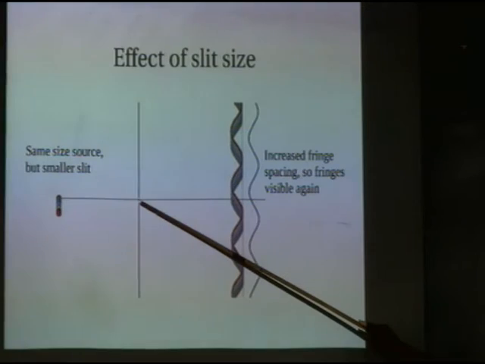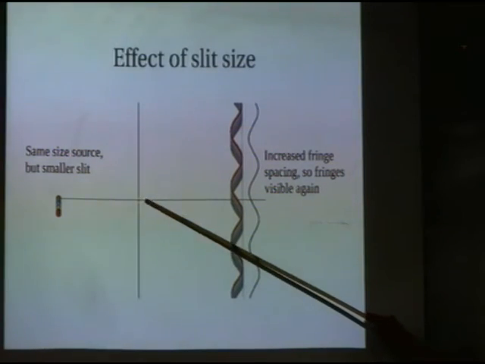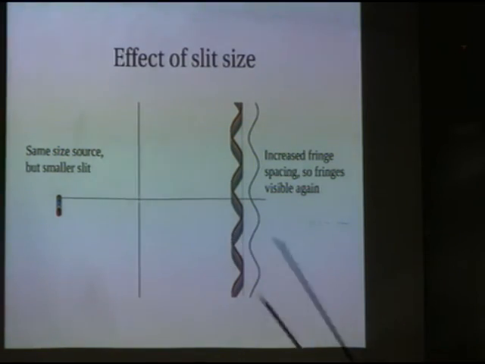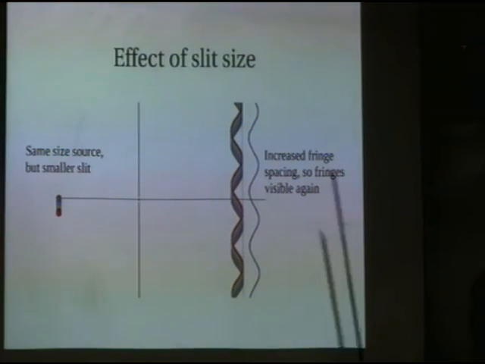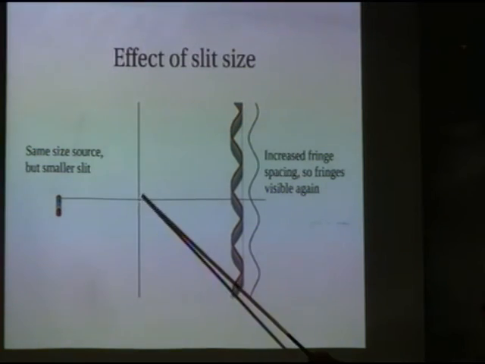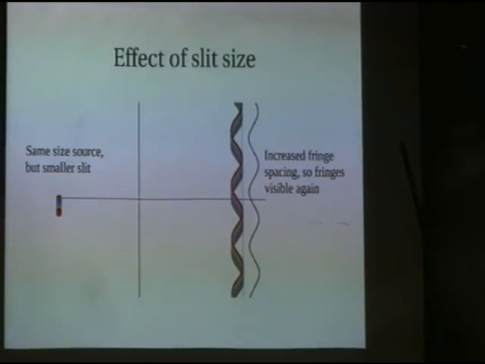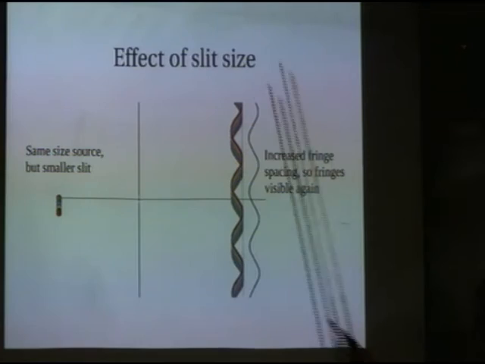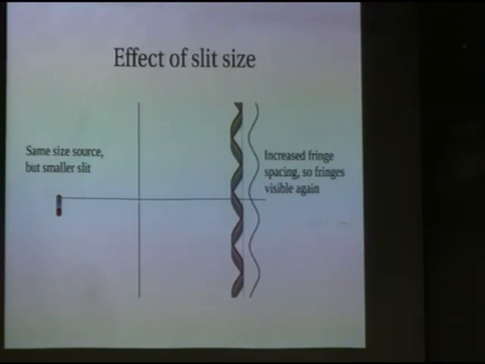So the distance in between the two slits determines the sources that we will detect. The smaller the distance between the two slits, the larger the sources we will be able to see. That's the kind of focus I was trying to explain to you before with the ALMA array, okay? The farther away the interferometers are, the smaller the sources we will be able to detect, and the other way around.